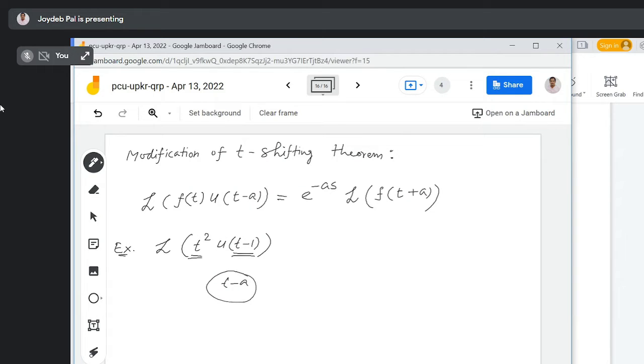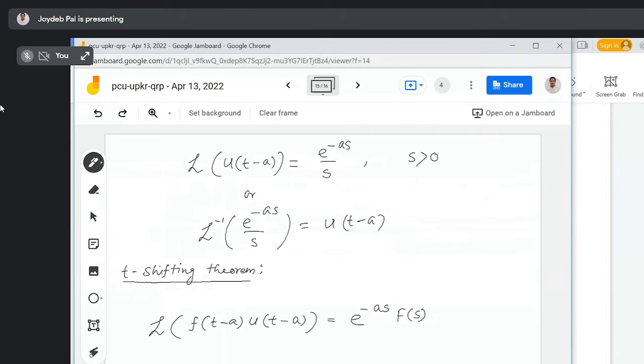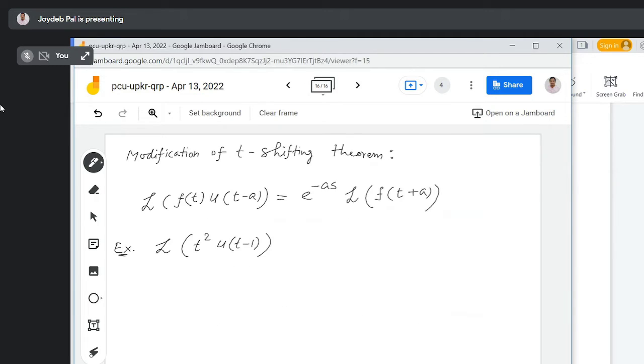Do you agree? So can you repeat again? Look, to apply this main formula, the T-shifting theorem formula, the function should be f(t minus a) u(t minus a). So u(t minus a) is given, meaning t minus 1.